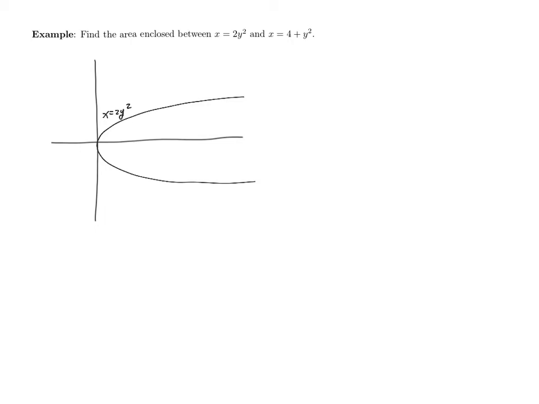Similarly, x equals 4 plus y squared is going to be a parabola with a vertex sitting on the x-axis at 4 and opening in that positive direction, but it's going to be a bit wider than x equals 2y squared. So in blue, we have x equals 4 plus y squared.